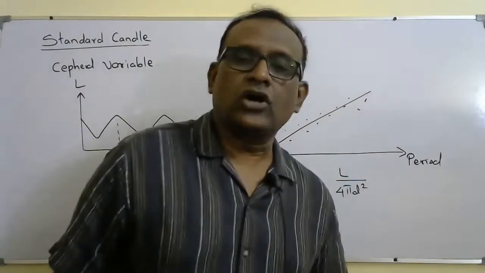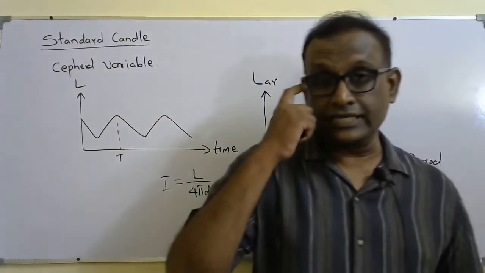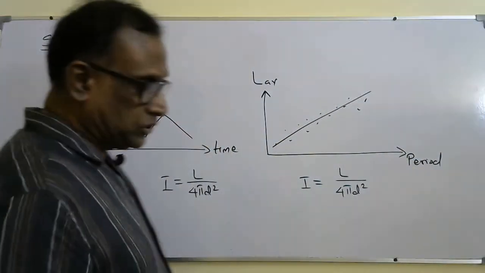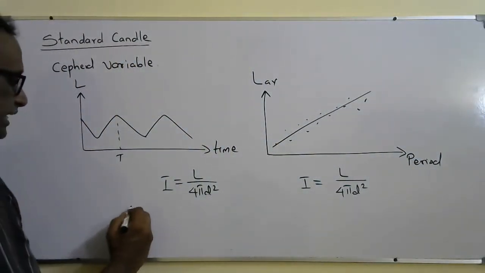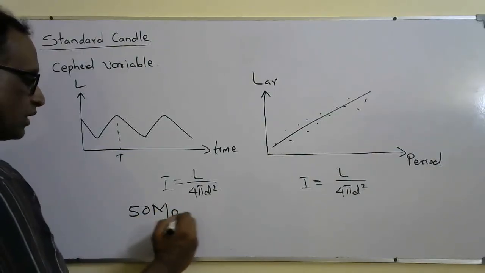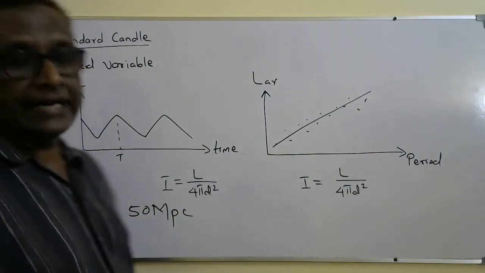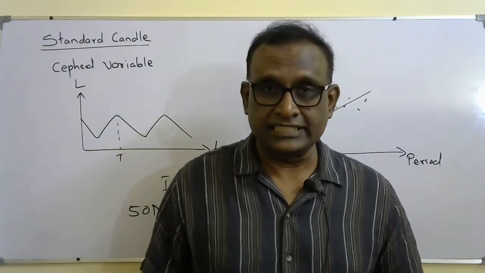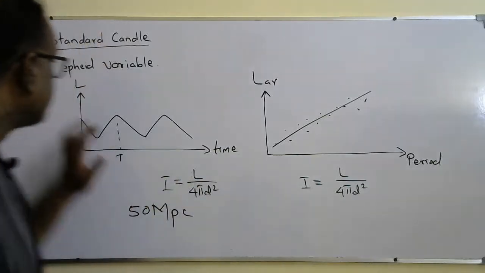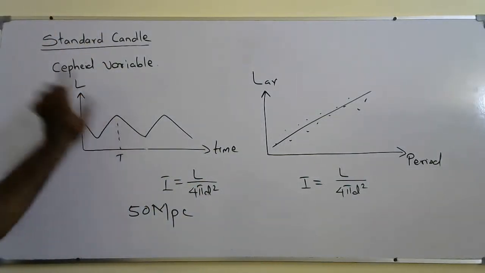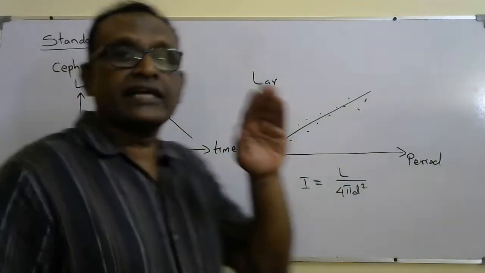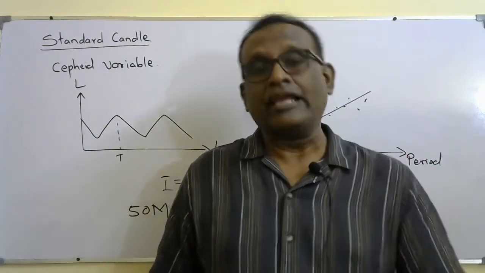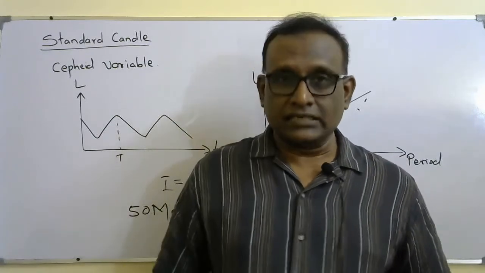Okay, so this method of using a Cepheid variable as a standard candle also has limitations. This method can be used up to a maximum distance of 50 megaparsec. If the distance becomes more than this, the problem is identifying or measuring the difference between the maximum and minimum intensity or luminosity of the Cepheid variable, which will be difficult with the measuring instrument.